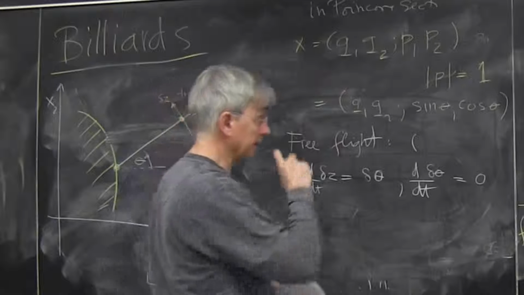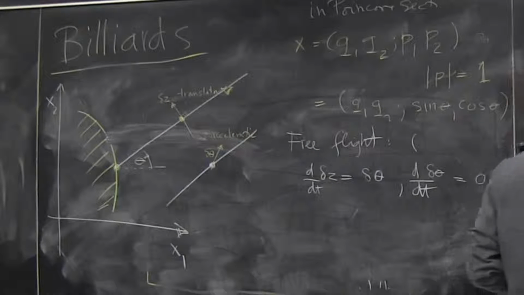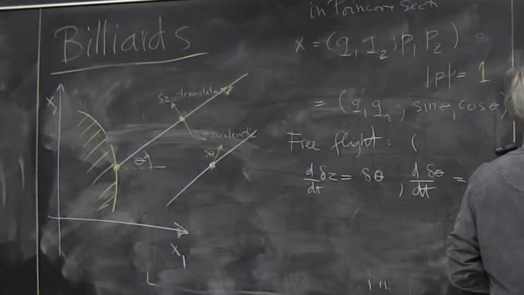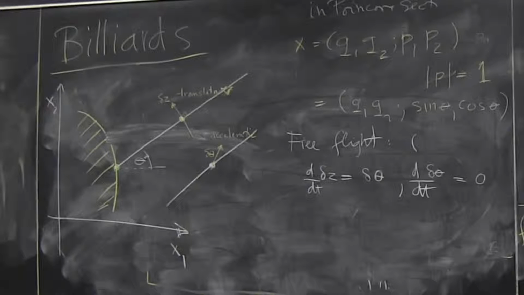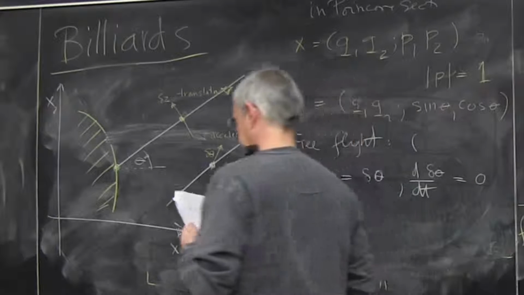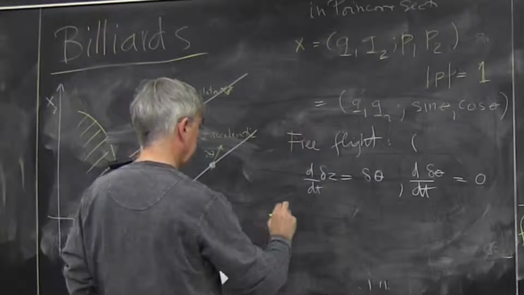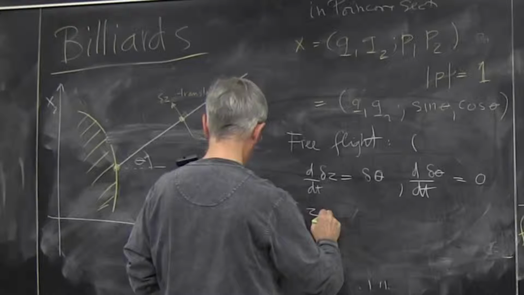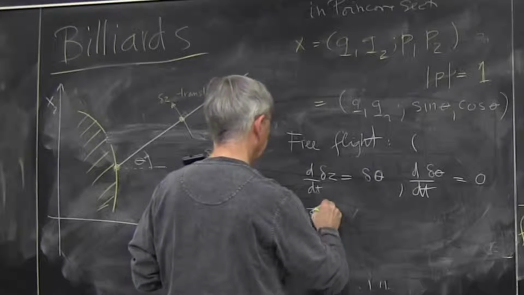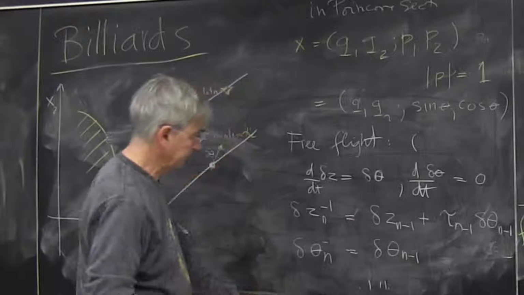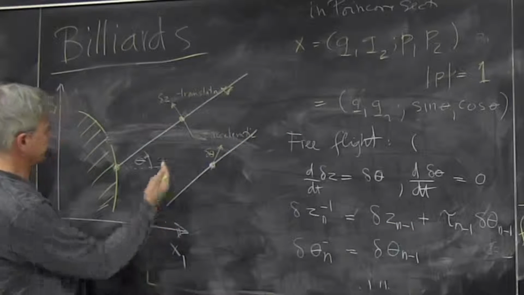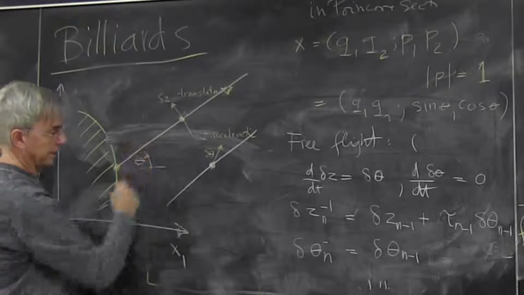So this I can integrate, and I get a formula for going from here to there in the free flight. I had some transverse displacement along this direction.